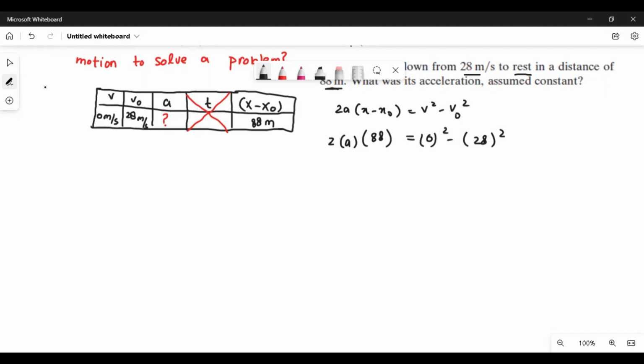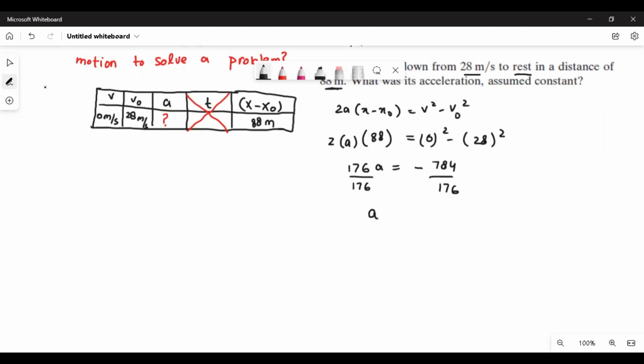So 176 times a is equal to 0 squared, which is 0, minus the square of 28, which is negative 784. Now both sides you will divide by 176 and 176.